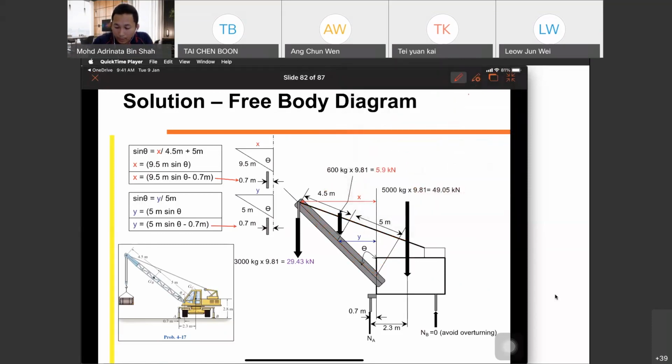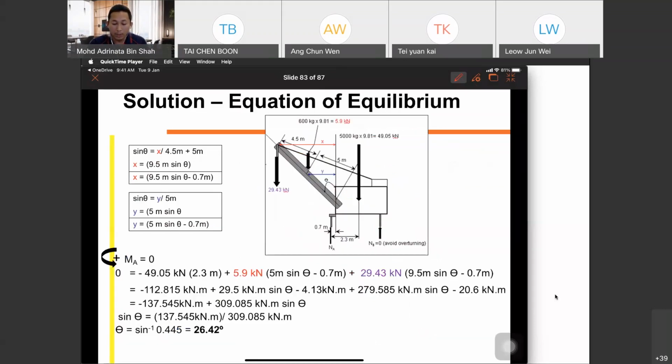The triangle is this one, X. And this is 4.5. This is 5. So this is X. Okay, so this is reflects to this. Macam mana nak cari? Okay. So, boleh tengok solution untuk free body diagram dan boleh selesaikan equation.